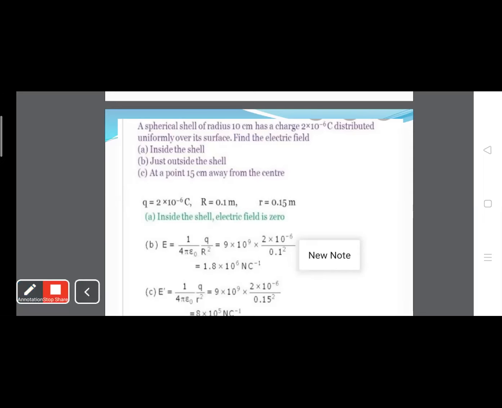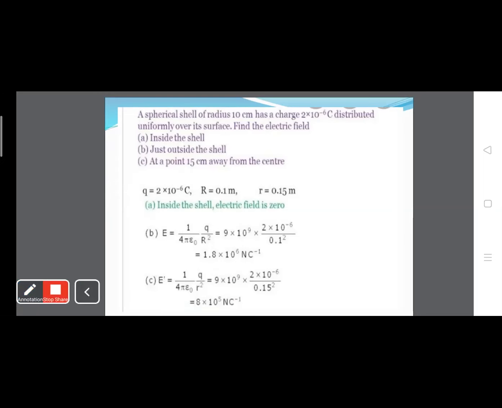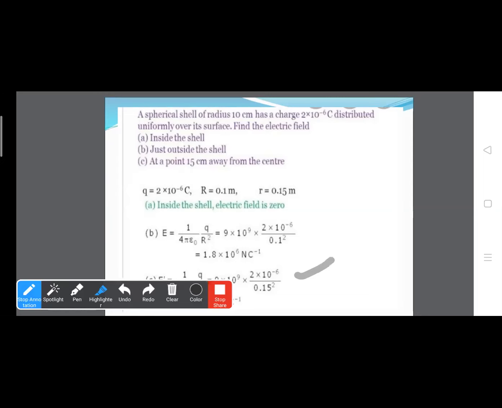And the last point of this question is at a point 15 centimeter away from the center. So use the formula E equals 1 upon 4 pi epsilon naught Q upon R square. Apply this formula and solve this equation. We found that the electric field will be 8 into 10 raised to the power 15 Newton per Coulomb.